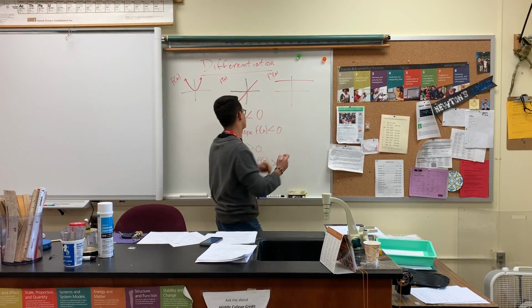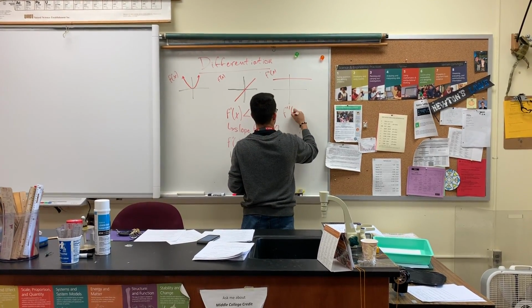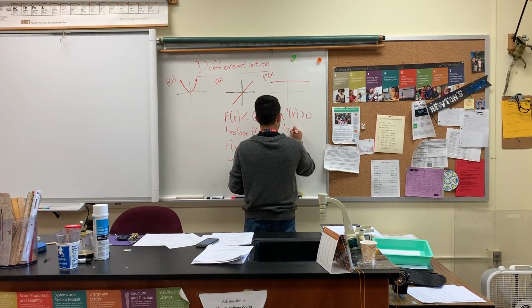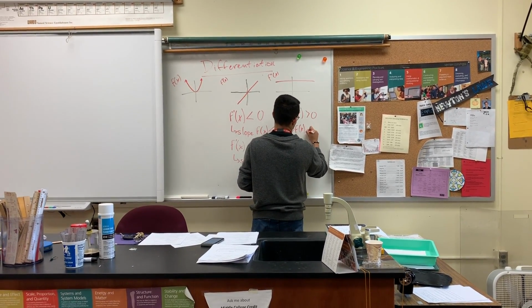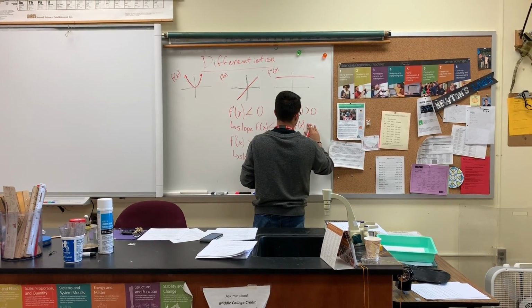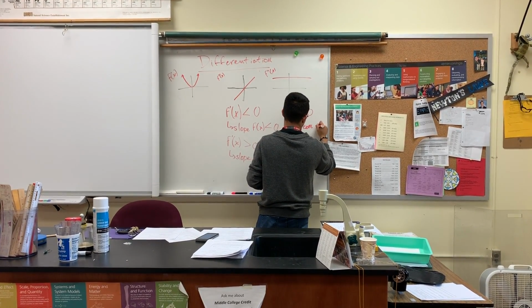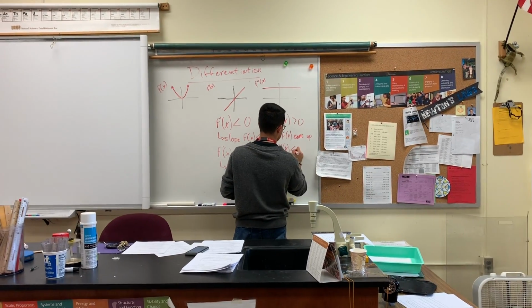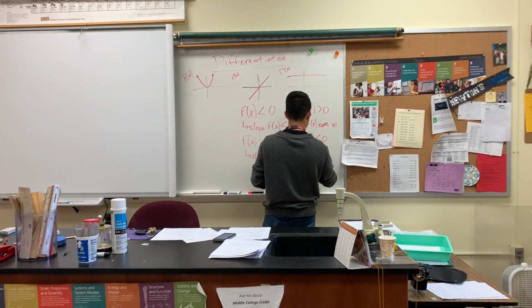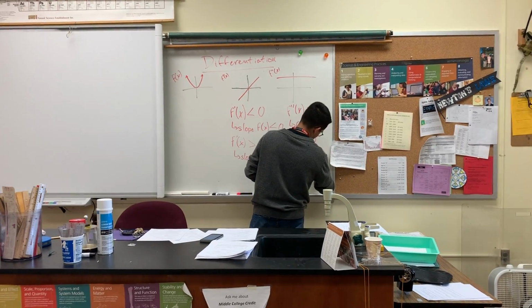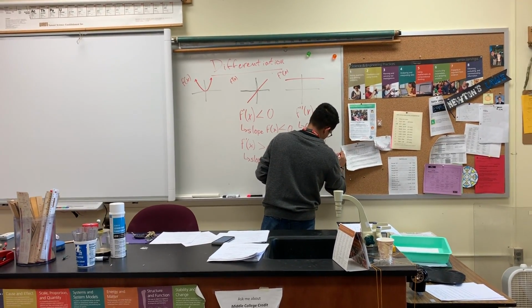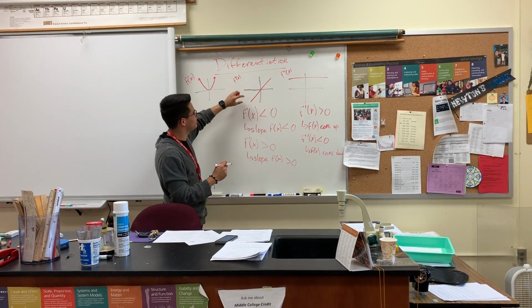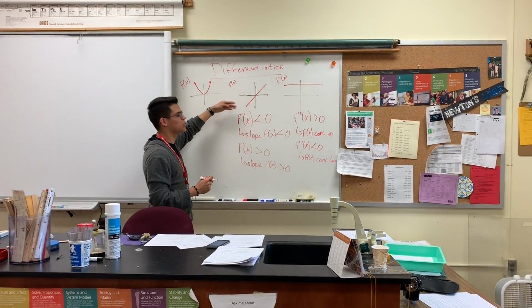Wherever f double prime x is greater than 0, f of x is concave up. And if f double prime x is less than 0, then f of x is concave down.